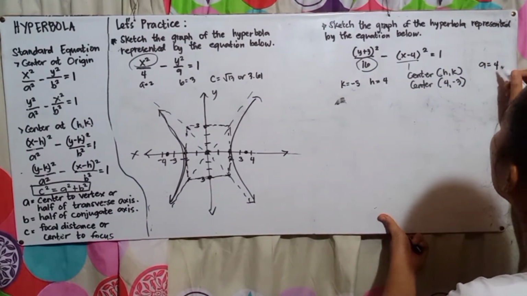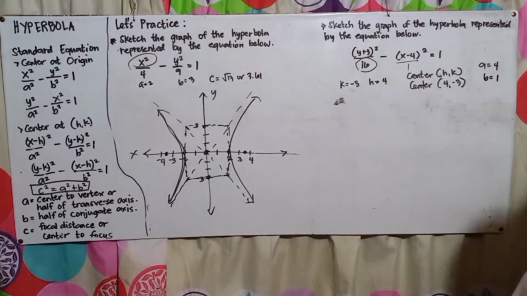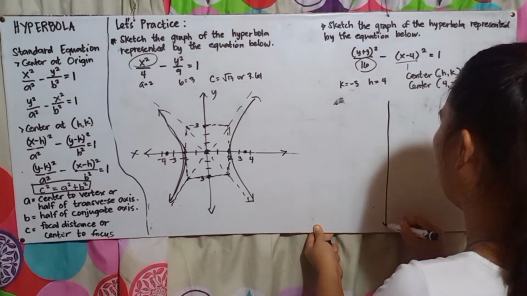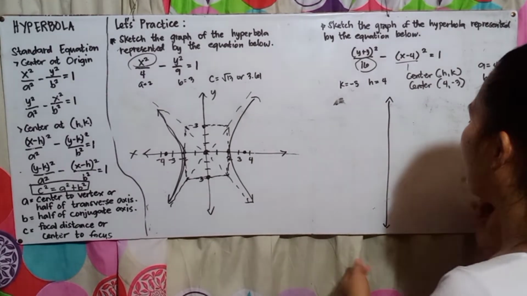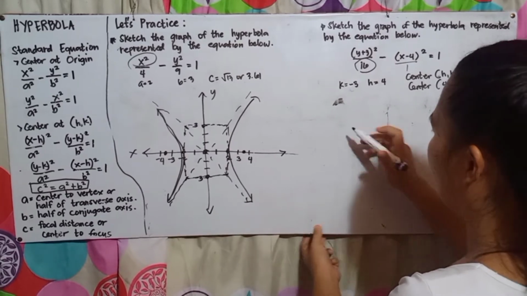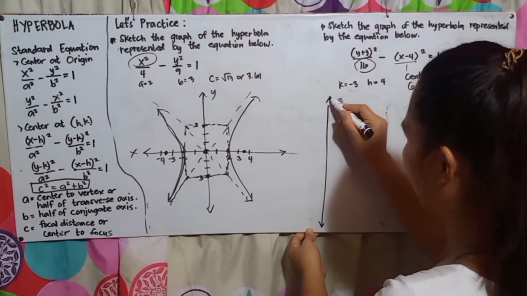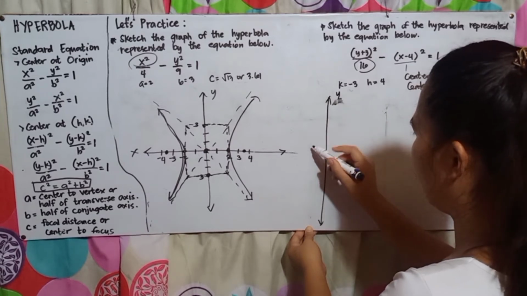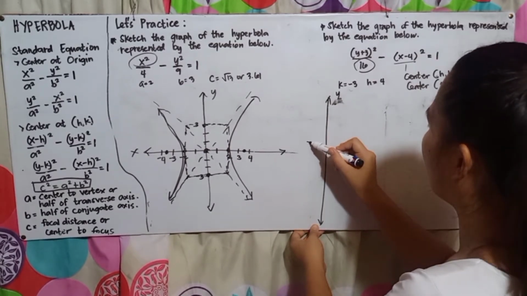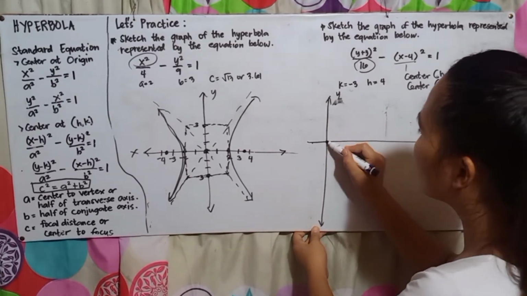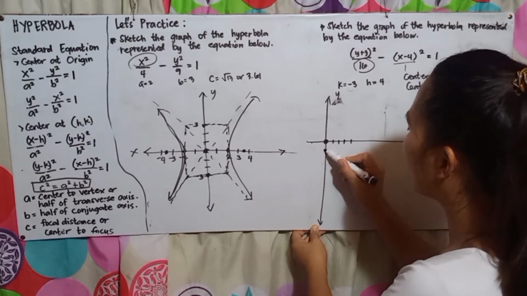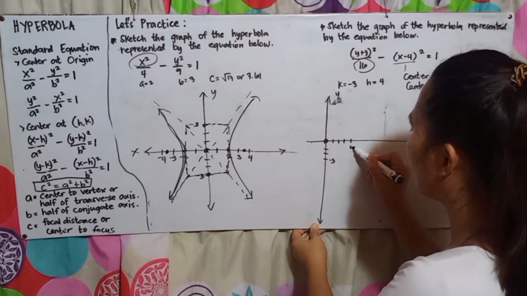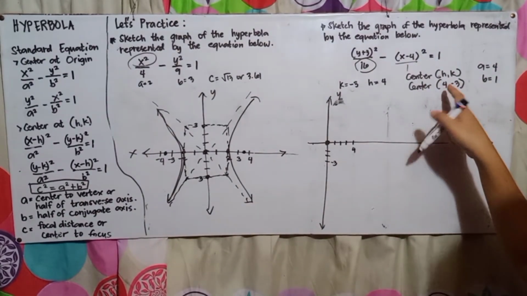So, therefore, our B is 1. Okay, so our center is 4, negative 3.